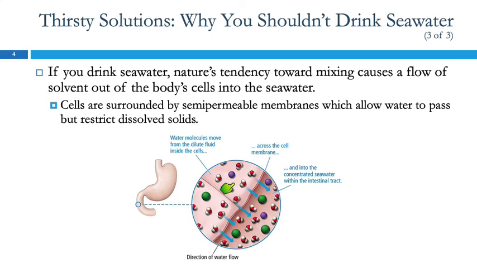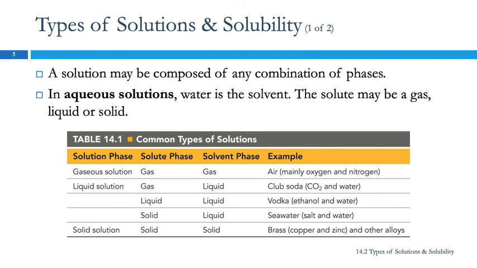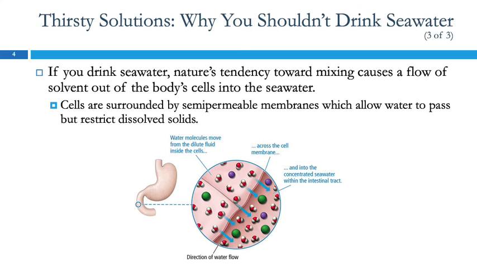So there is a tendency for the water to move towards this more concentrated solution so that a uniform concentration can be achieved. So we can think of that as nature's tendency towards mixing.